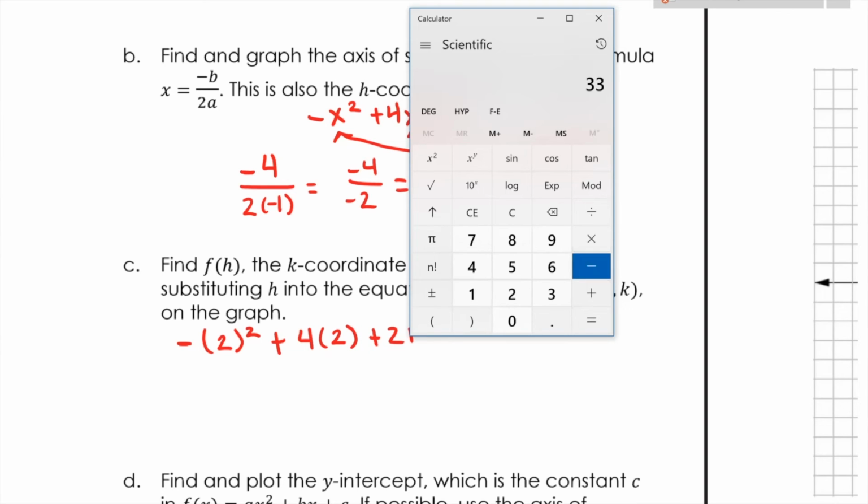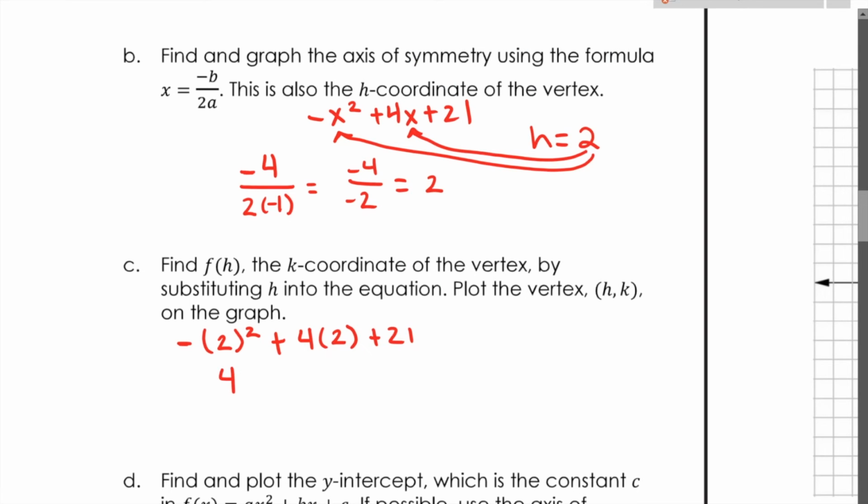So I have a negative, well, let's restart the whole thing. Let's just do 2 squared, 2 times 2, which is 4, plus 8 plus 21.